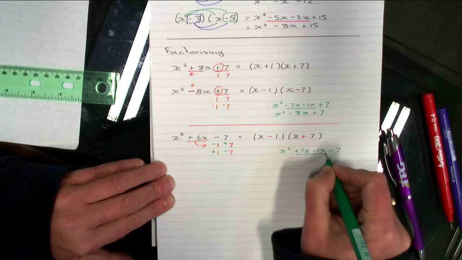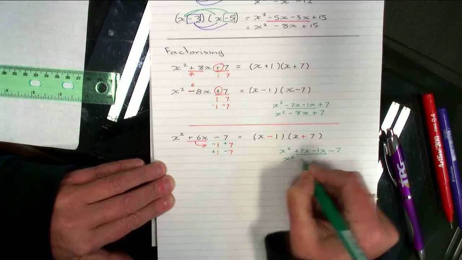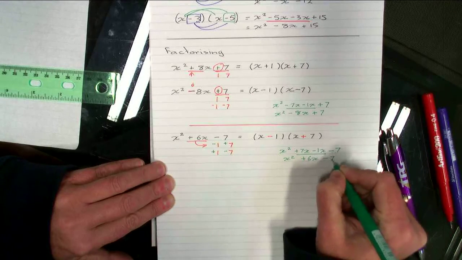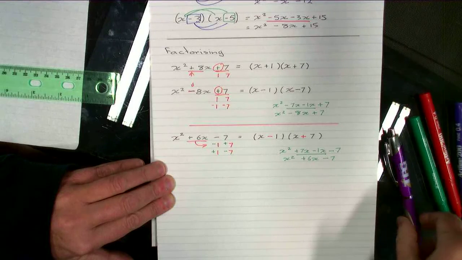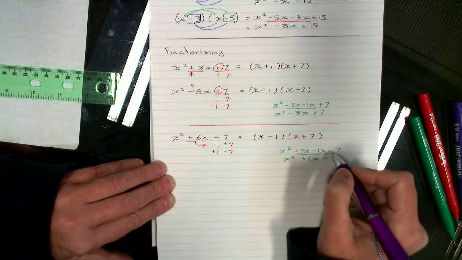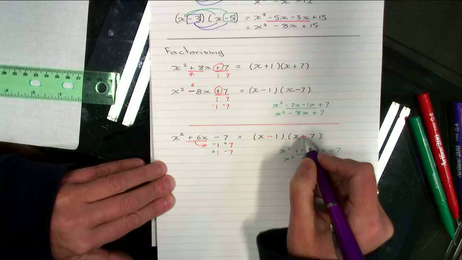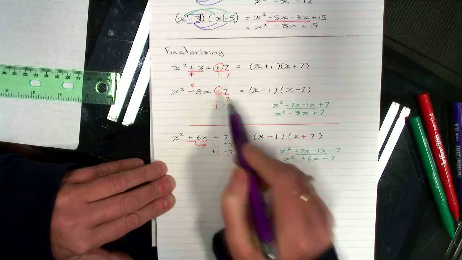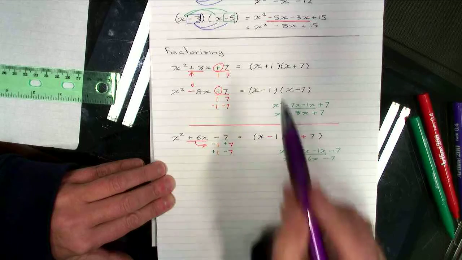Collect our like terms, x squared plus 6x minus 7. So you'll see here when we have a minus before the 7, we've got different terms. When we had a plus before the 7, we had the same term in both sets of brackets.